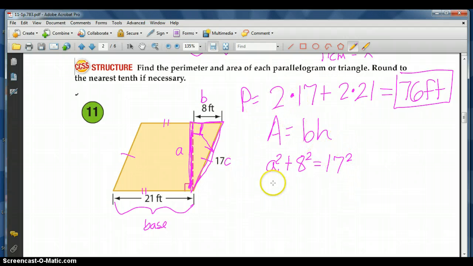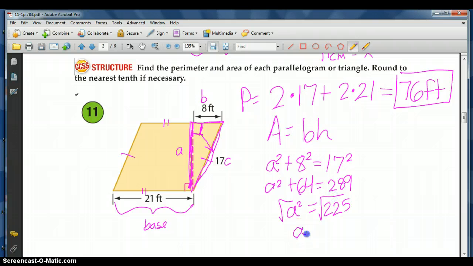So 8 squared is 64. 17 squared is 289. And if we subtract 64 from 289, we would get 225. And if we take the square root, A is equal to 15. And A is our height.